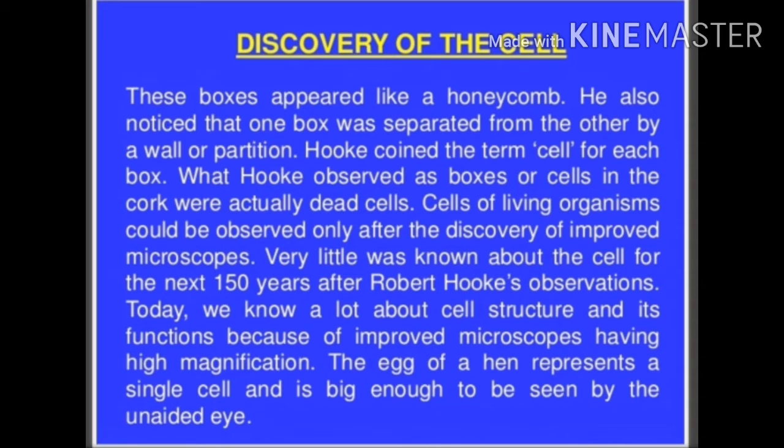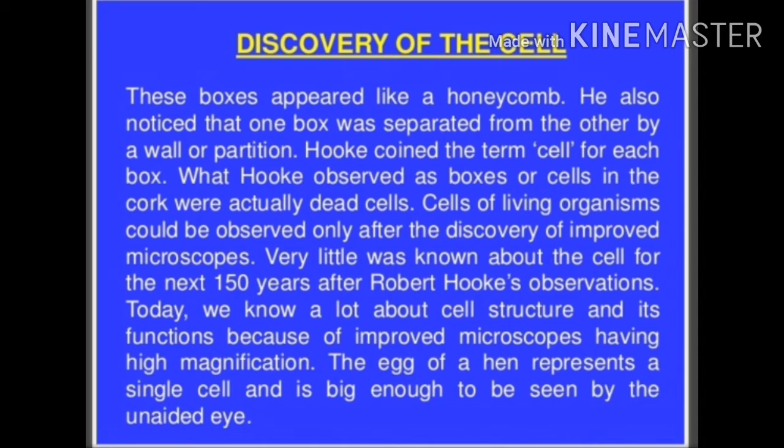Hooke coined the term cell for each box, and what Hooke observed as boxes or cells in the cork were actually dead cells. Cells of the living organism could be observed only after the discovery of the improved microscope. Very little was known about the cell for the next 150 years after Robert Hooke's observation.